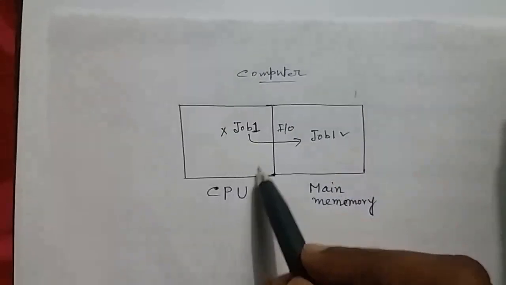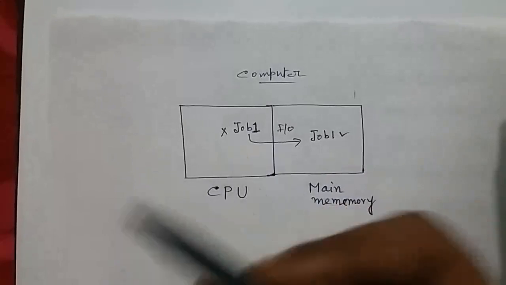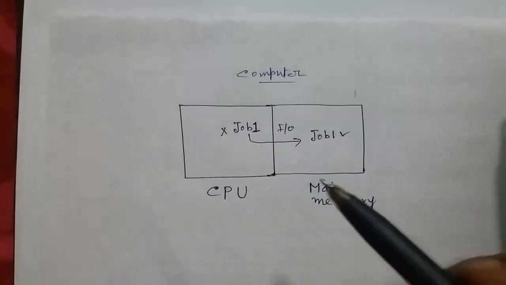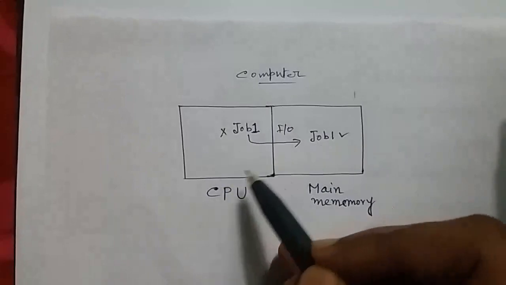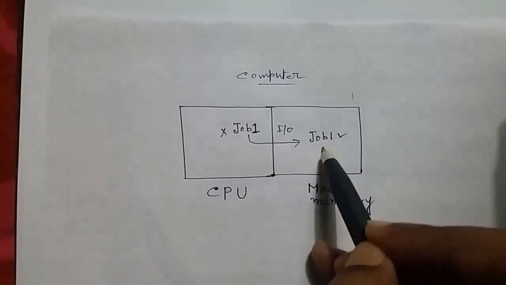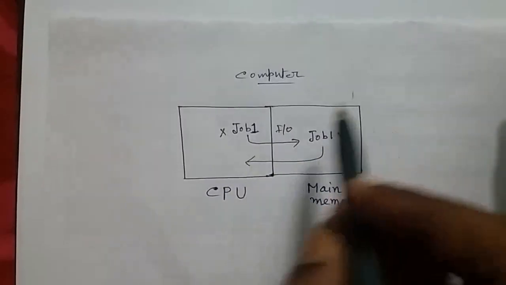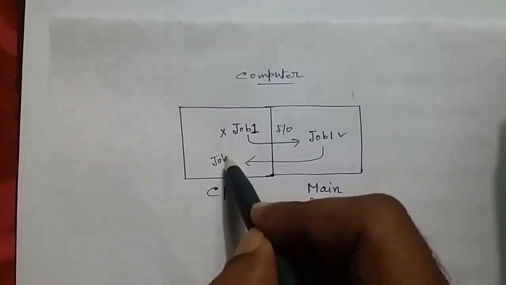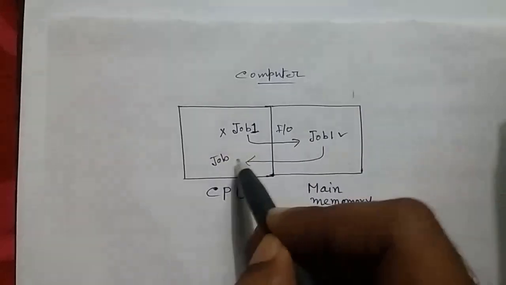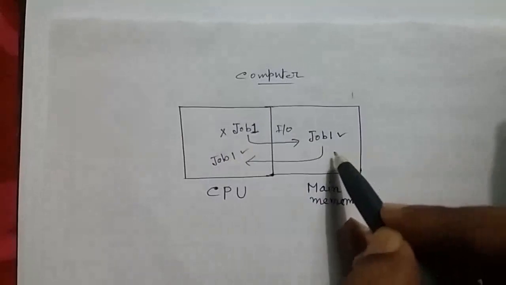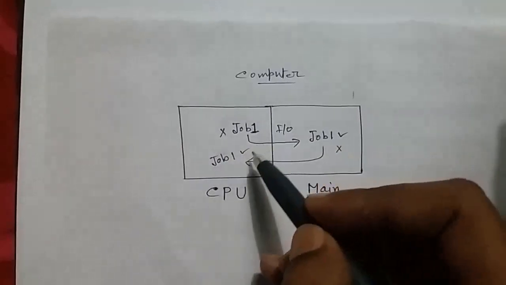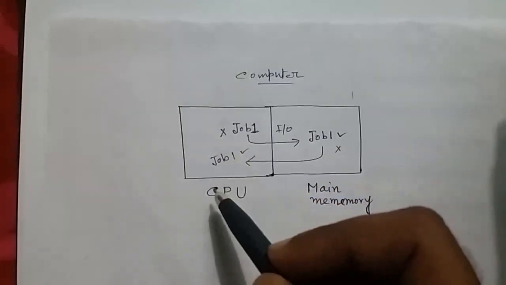So what will happen? The CPU will be idle or empty. The CPU will wait for job 1 to return. When job 1 returns to the CPU, the CPU will start executing job 1 again.